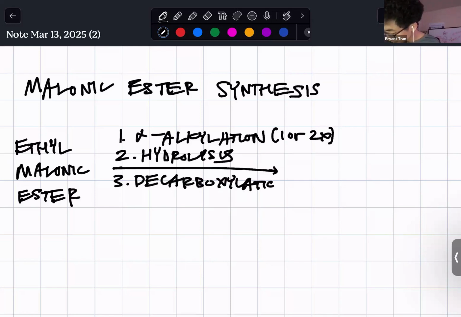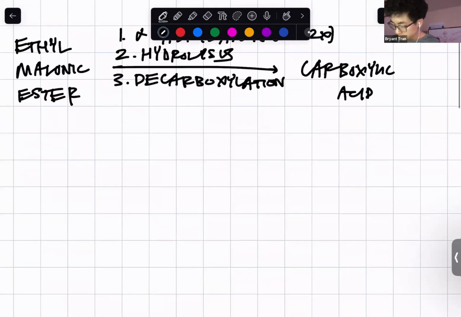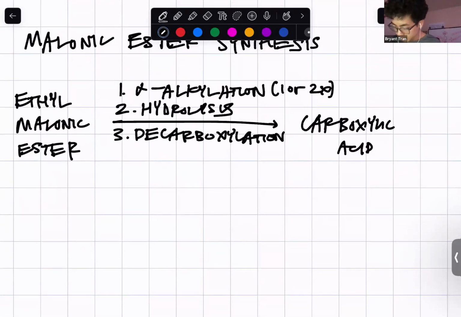And what you will get is going to be a carboxylic acid with the 2 or 1 alkyl group that you added. Right? So an ethyl malonic ester is gonna look like this.